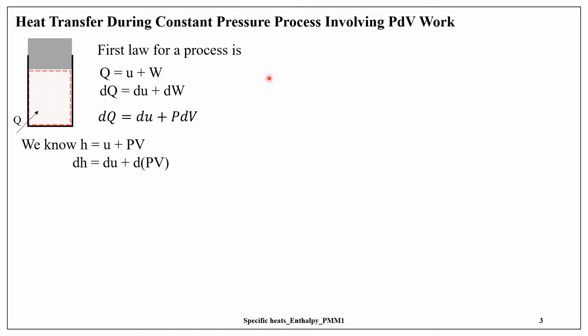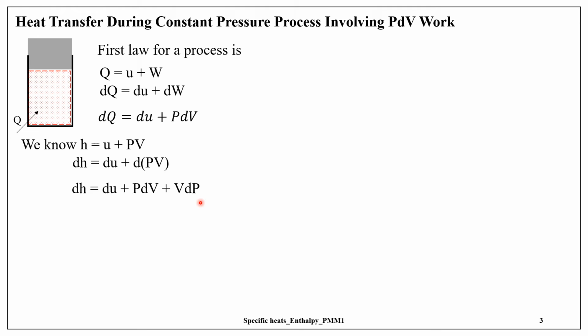And also we know specific enthalpy h is equal to u plus Pv. And this can be written as dh is equal to du plus d(Pv). And this can be differentiated using the product rule, which gives you dh is equal to du plus PdV plus VdP.